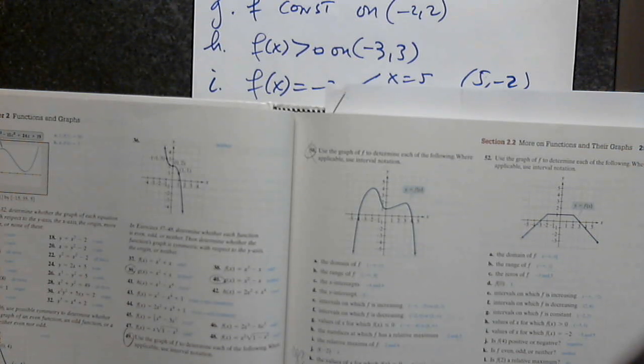See my hand? Is it increasing? So it's increasing between negative infinity and negative 2. Then it's decreasing between negative 2 and 0. Then it's increasing between 1 and 3. And then it's decreasing from 3 to infinity. We do not look at the points where it's a maximum or a minimum. We're identifying the trend.